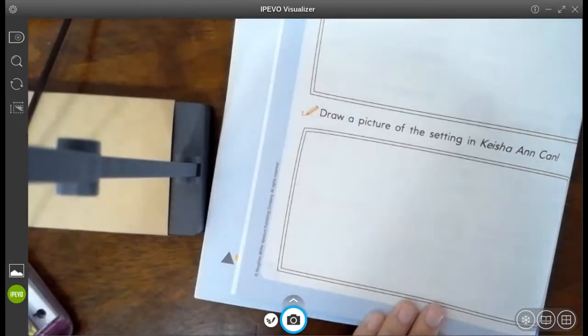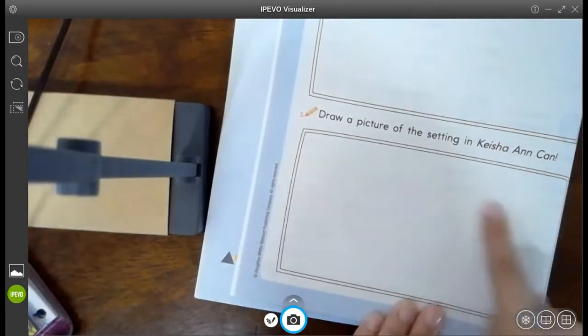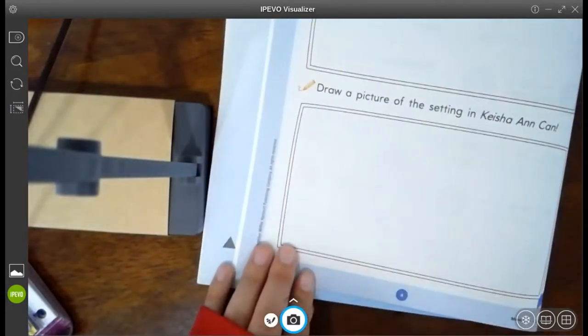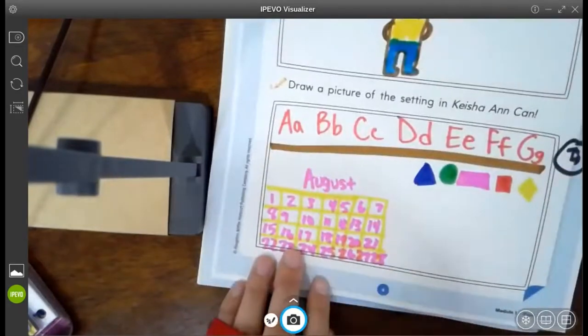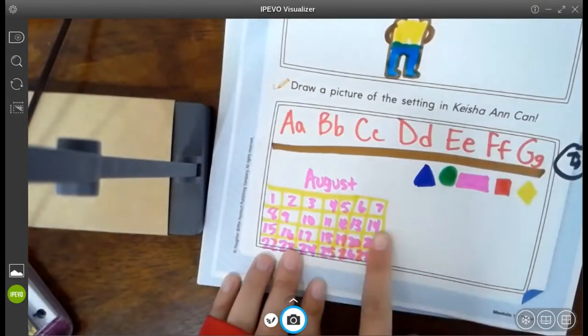Great job. This time I heard you say that the story took place at school. So go ahead and draw a picture of school or the classroom in this box. I went back into the story and I remembered that Keisha was in a classroom that looked like this.